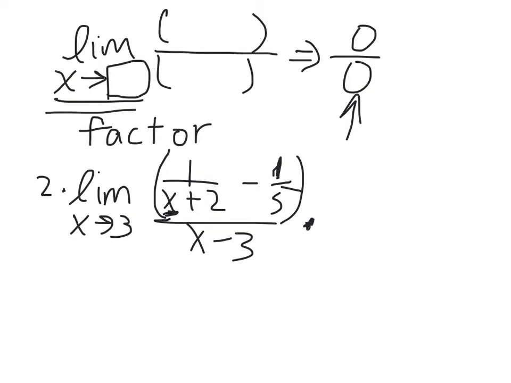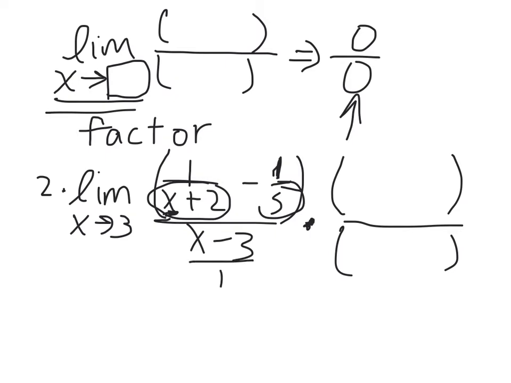One thing we can do here is multiply the top and the bottom by the least common denominator of all the kind of secondary fractions, like x plus 2 and the 5. Well, the denominator is just all over 1, so we don't have to worry about that. So multiply top and bottom by 5 and by the x plus 2.